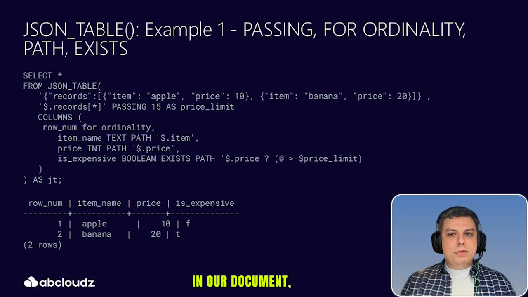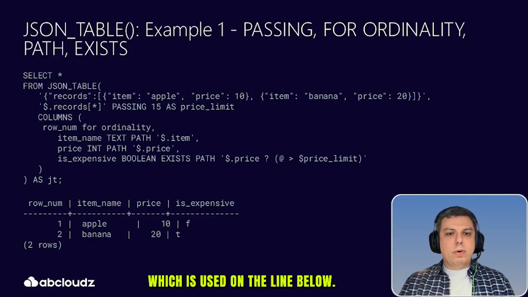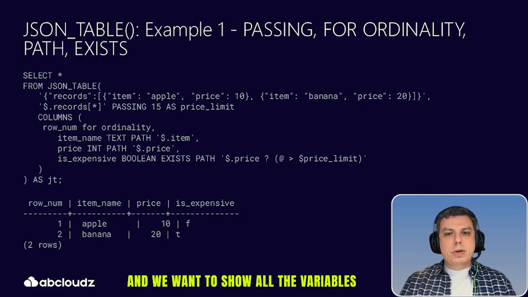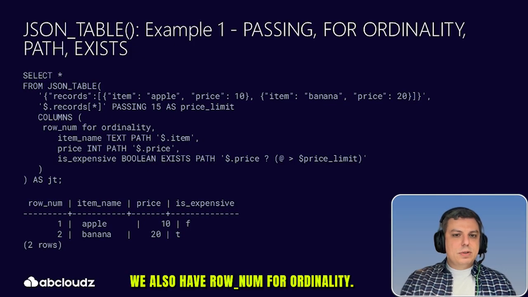In our document, we have a single attribute with an array of two records, apple and banana, and we pass in a value as a variable which is used on the line below. This variable is called price limit, and we want to show all the items where our price limit is greater than 15. We also have row_num FOR ORDINALITY.